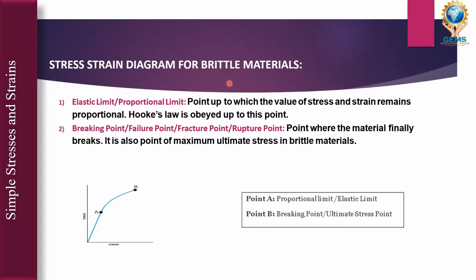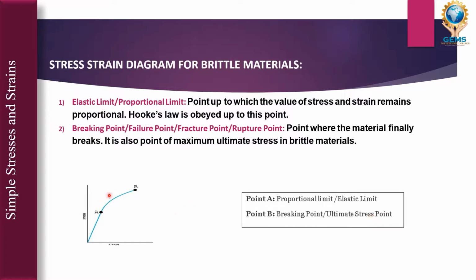When it is subjected to stress, it breaks with little elastic deformation and without any significant plastic deformation. Understand? So, if you see the brittle material stress versus strain diagram, it has only 2 points. First one is the proportional limit or elastic limit point, and the point B is the breaking point or ultimate stress point. Understand?